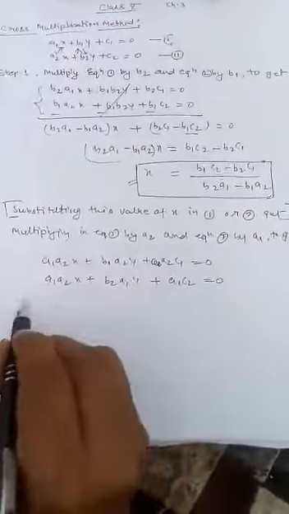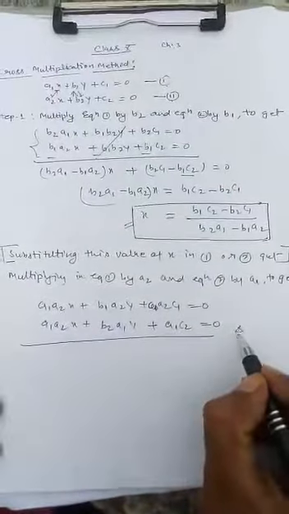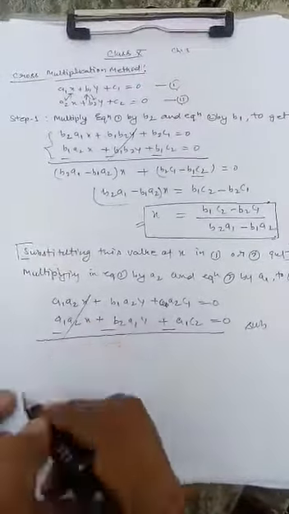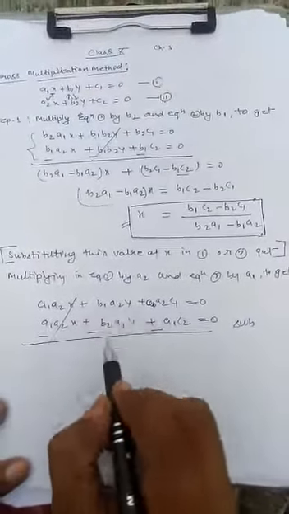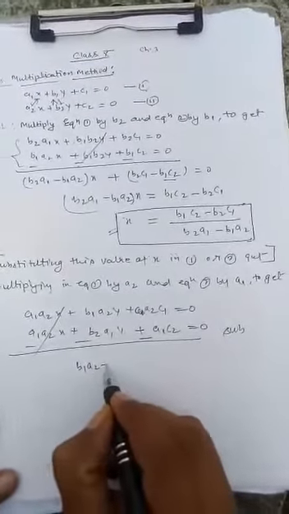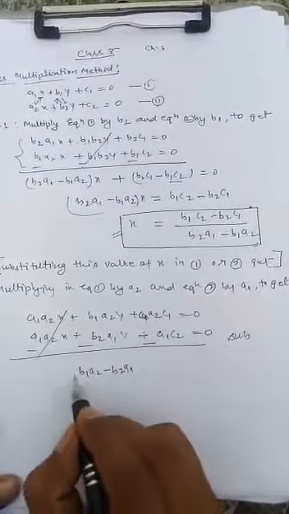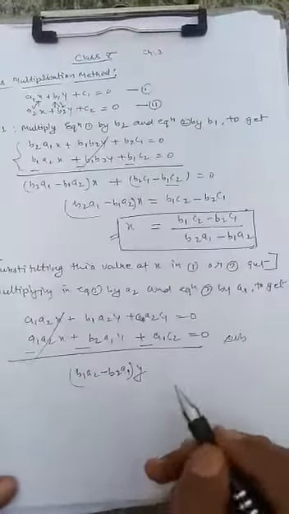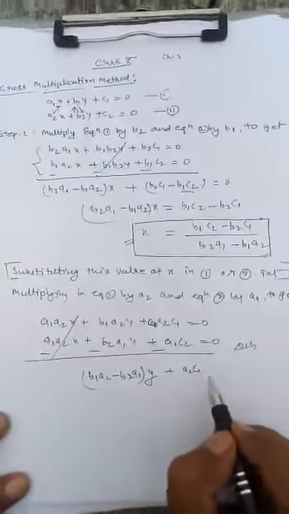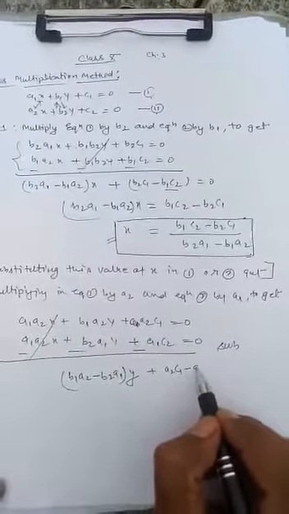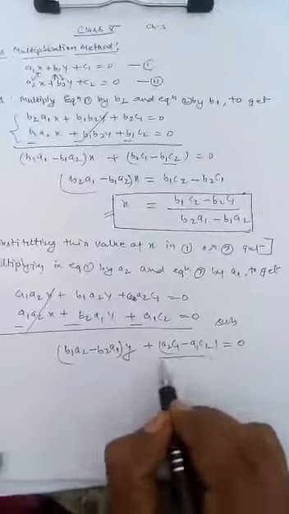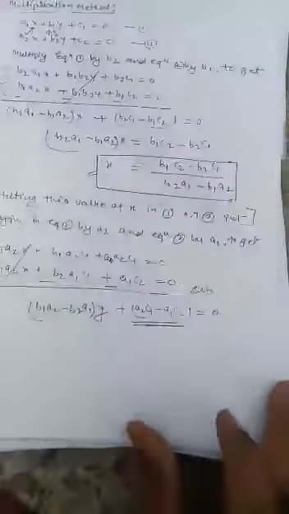Now we can subtract. While subtracting, signs will change and the x terms will be cancelled. Now we can take y common from here, so we have b1 a2 minus b2 a1, and now we write the term a2 c1 minus a1 c2 equals 0. These are the constant terms, so we can transpose them to the other side.